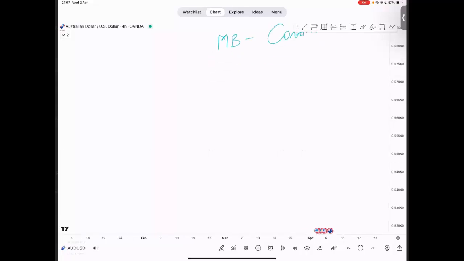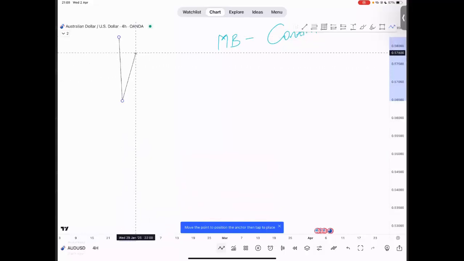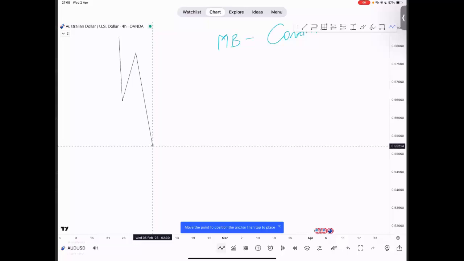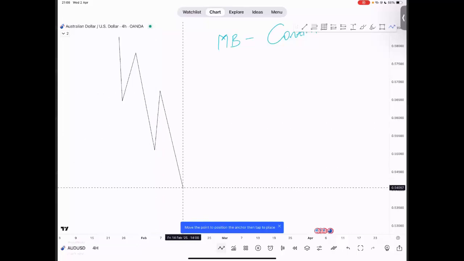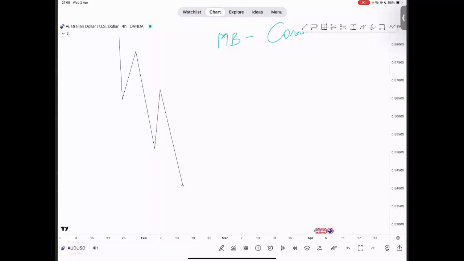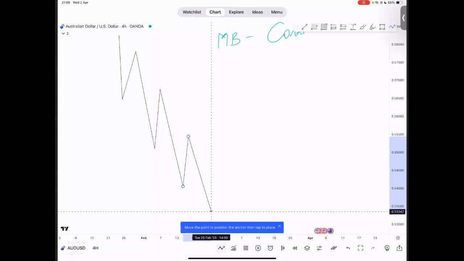Now, remember, with the knowledge of market structure, when we have price putting in a series of lower highs and lower lows in a downtrend, right? Just like this.